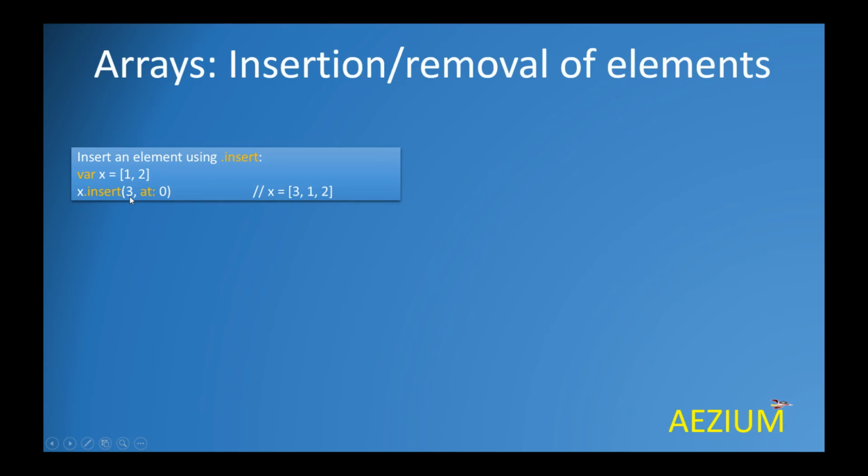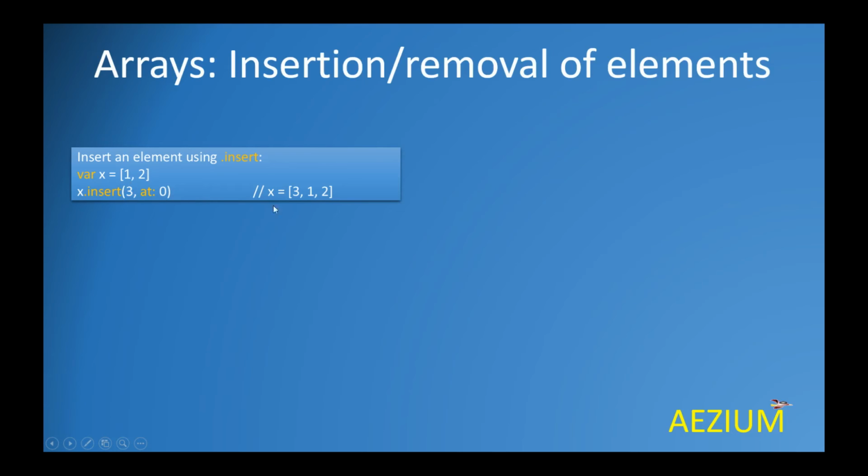The first argument is going to be the value which we would like to insert into our array. It has to have the same type as the elements of the array. And at gives us the position or index of the array that we want to put this value in. So this is saying insert 3 at the position pointed at by index 0, which is the first position.